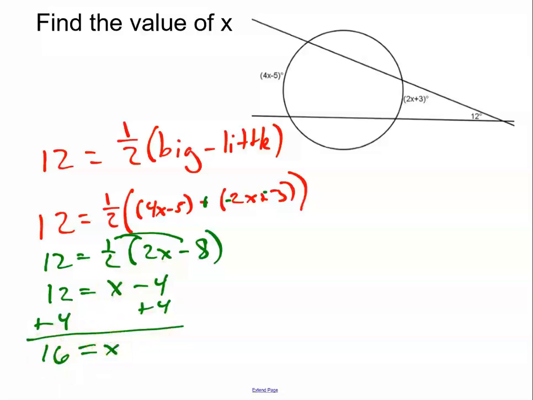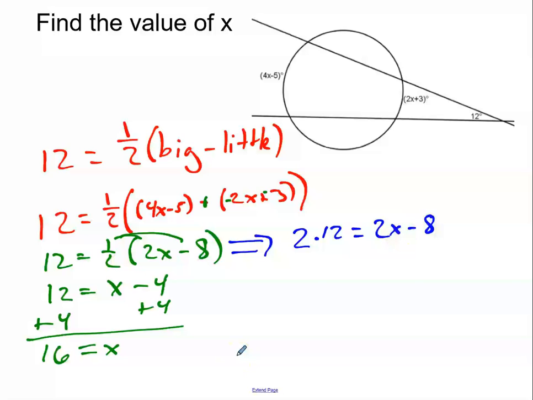Now, really quickly, I do want to show you a second option from this point. I sometimes have students who, instead of wanting to distribute the 1/2, want to get rid of the 1/2 on the right side and make it 2 times 12. So instead of taking half of 2x minus 8, you're doubling the 12, and the 2x minus 8 just stays as 2x minus 8. Instead of taking half of the right side, you're doubling the left side.